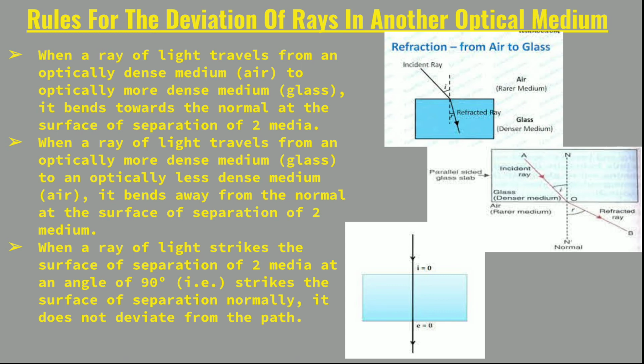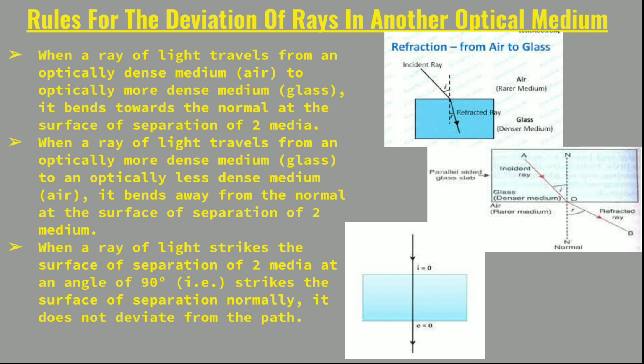But when a ray of light travels from an optically more dense medium, that is from glass to air, it bends away from the normal at the surface of separation of two media. In this second case, the angle of incidence is less than the angle of refraction, that is, the angle of refraction is more.